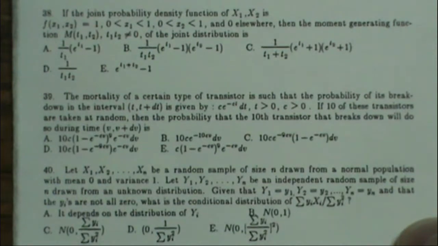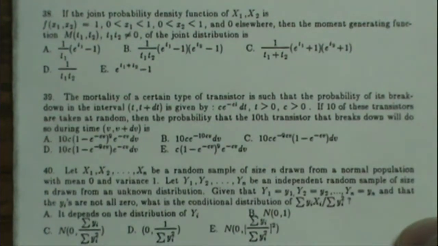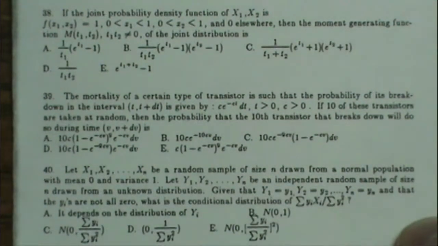Problem 39. The mortality of a certain type of transistor is such that the probability of its breakdown in the interval of t to t plus dt is given by this equation. If 10 of these transistors are taken at random, then the probability that the 10th transistor will break down will do so during the time interval v plus dv is.